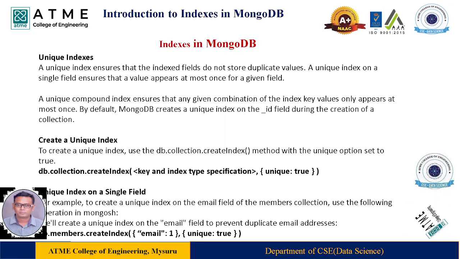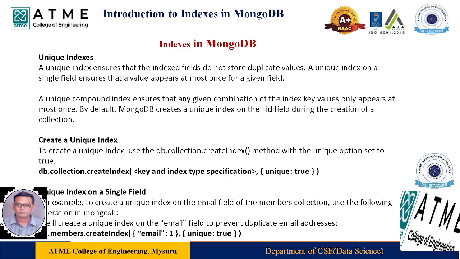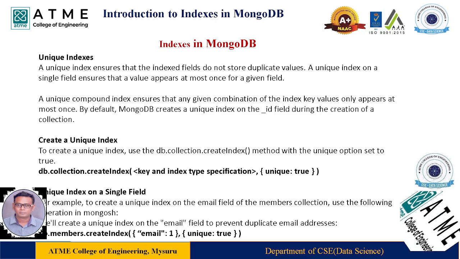Using the following operation, we can create a unique index on the email field to prevent duplicate email addresses. The syntax is db.members.createIndex, with the field email: 1, followed within curly braces by unique: true. This creates a unique index.